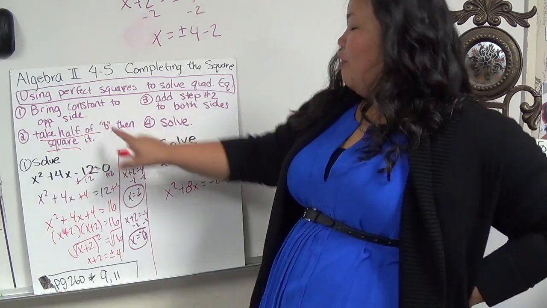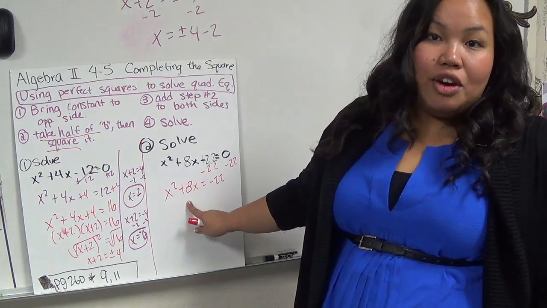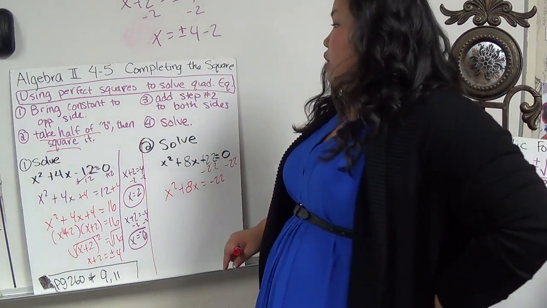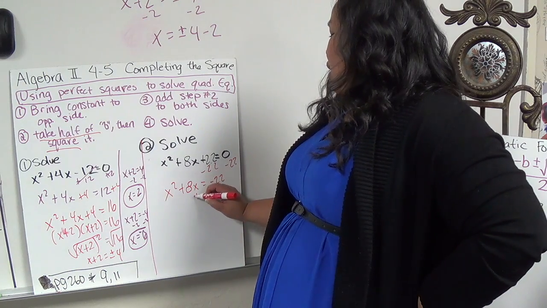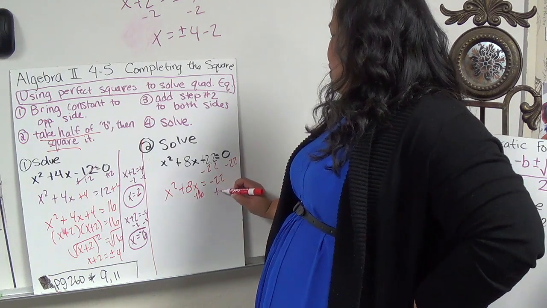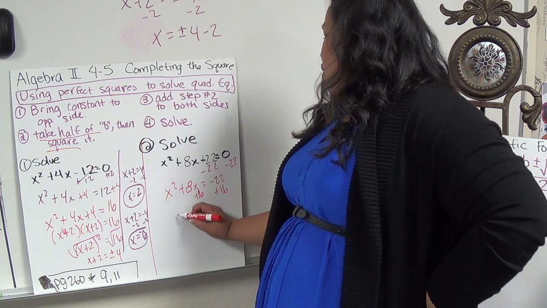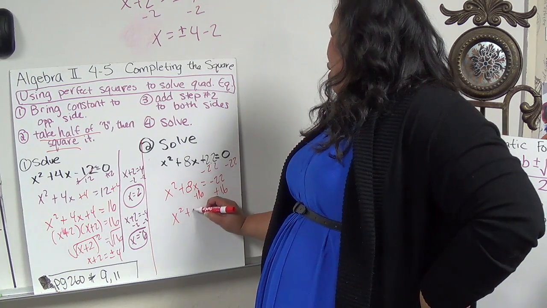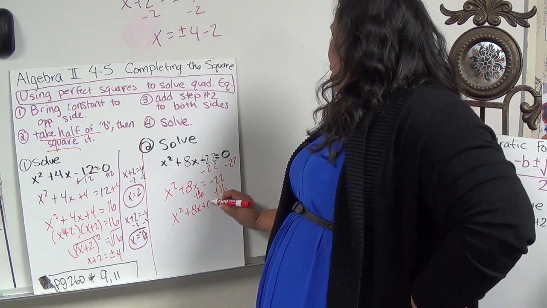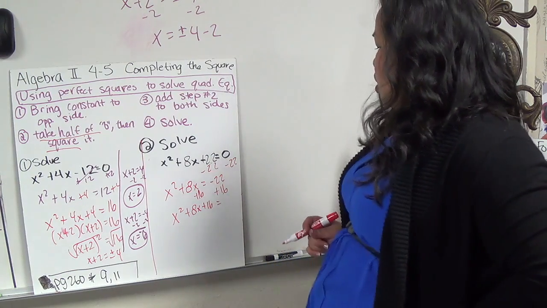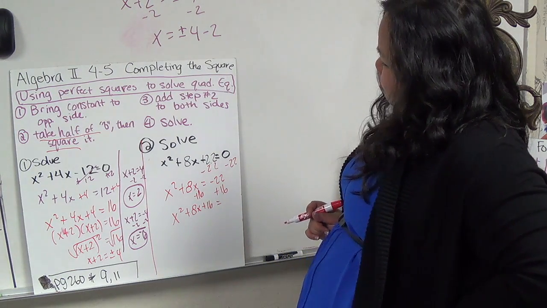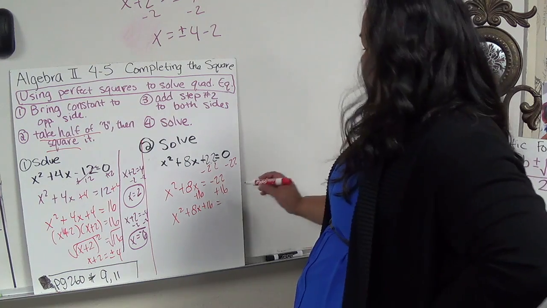And then we're going to take half of b, so half of 8 is 4, and square it, so 16. So I'm going to add 16, but what I do to one side, I have to do to the other. So I end up with x squared plus 8x plus 16 equals negative 6.